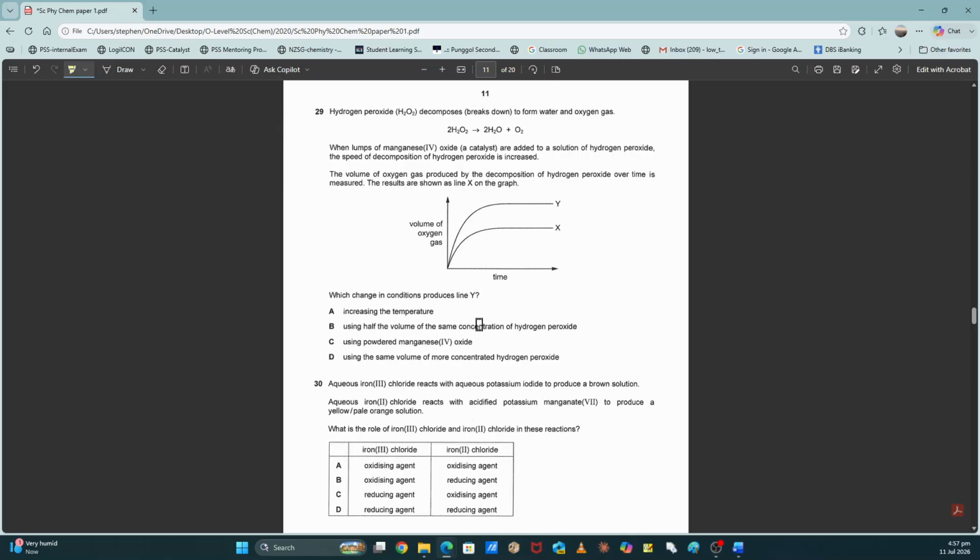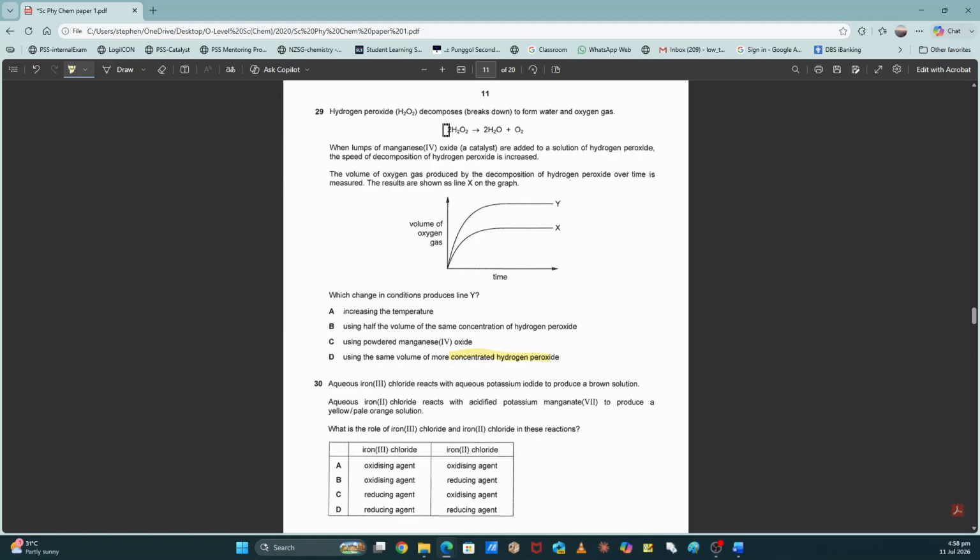Using half the volume of the same concentration of hydrogen peroxide, or using the same volume of more concentrated hydrogen peroxide. Which one produces more product? More concentrated means more moles, isn't it? So although you use the same volume, it may contain more moles of hydrogen peroxide.